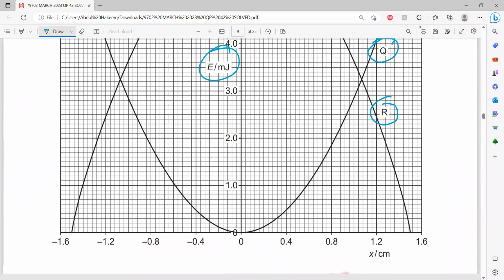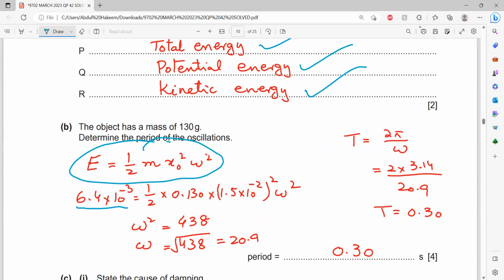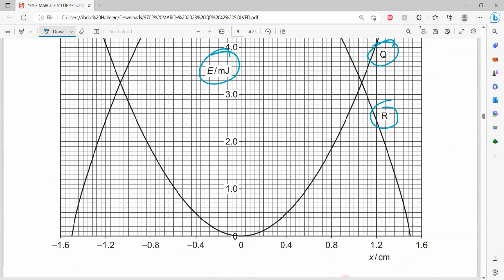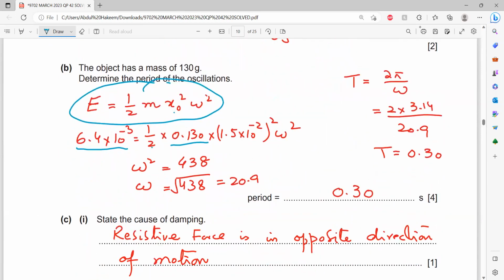So we will write this value over here, 6.4 times 10 power minus 3 from the graph, equals 1/2, mass in kg 0.13, and this x naught from the graph is the displacement, but in meters, so 1.5 times 10 power minus 2, squared, times omega squared. Omega squared is 438. Omega will be 20.9. Then we will use the formula, time period is 2 pi over omega, 2 pi divided by 20.9. So the answer for the period is coming 0.30.